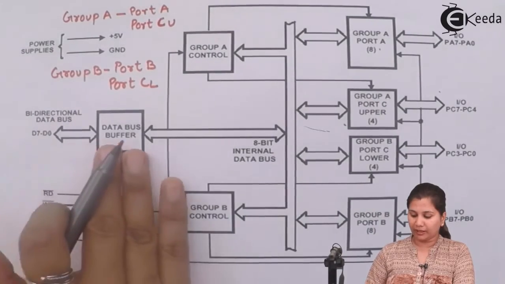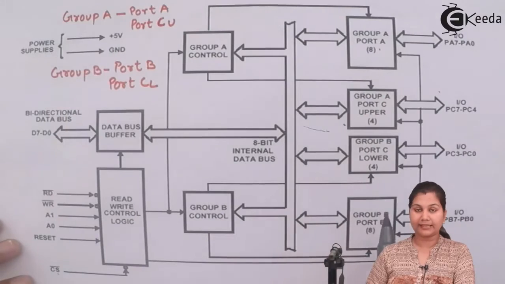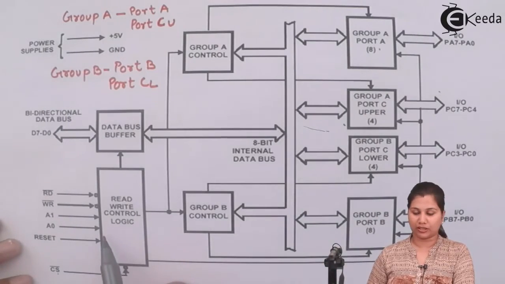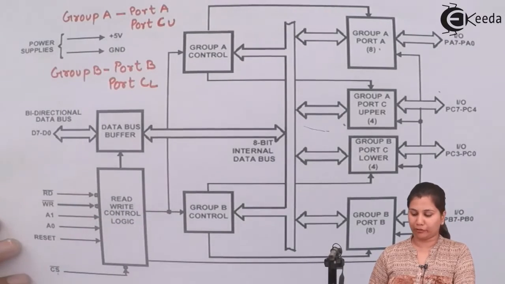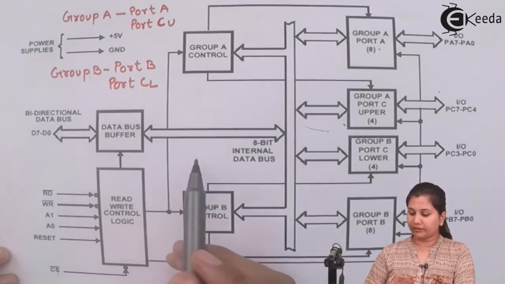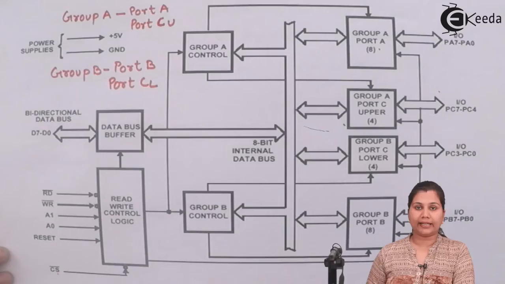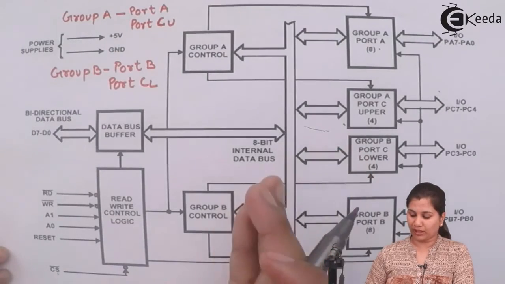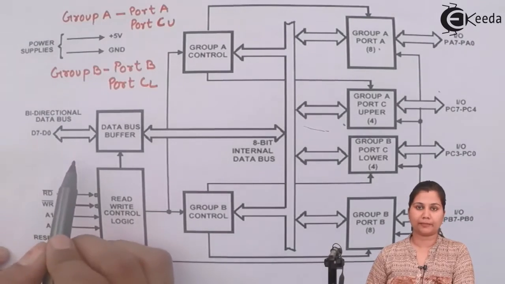So whatever data is to be written into ports A, B and C, or into the control register, that data is provided by the CPU of the microprocessor into the data bus buffer. And when the data is read from ports A, B, C, that data is also transferred through the internal data bus onto the data bus buffer.